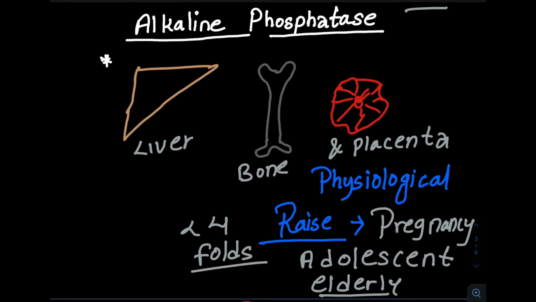When the rise is more than 4-fold, it is always pathological. Once it is pathological, there may be osteoblastic bone lesions, and there may be liver pathology as well. So it is less specific when it comes to determining liver disease.